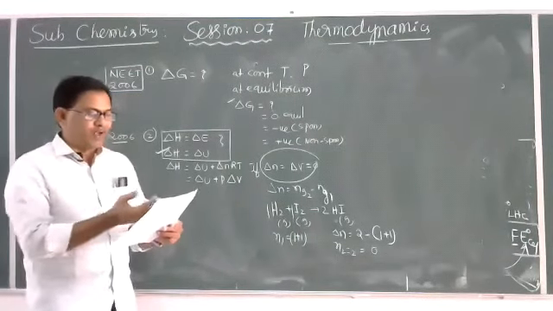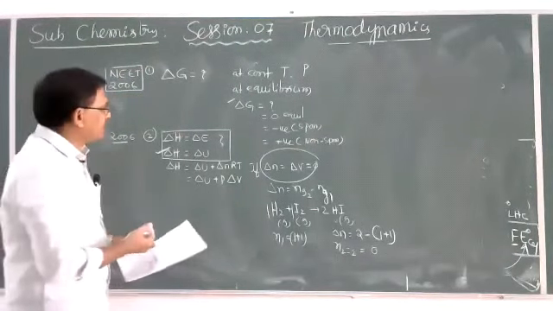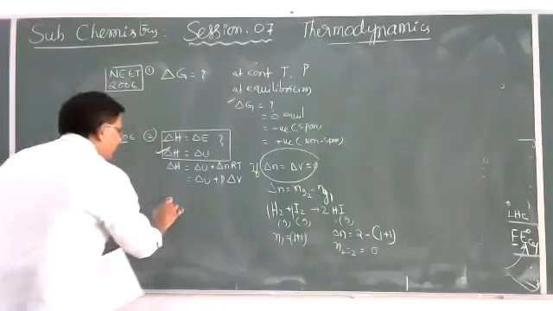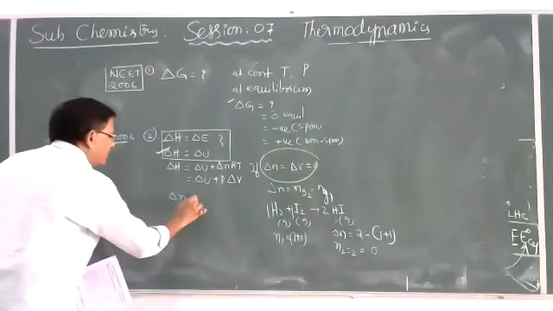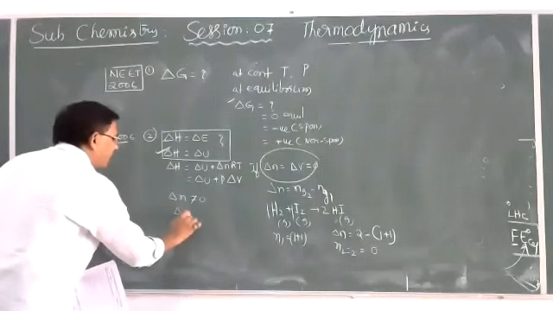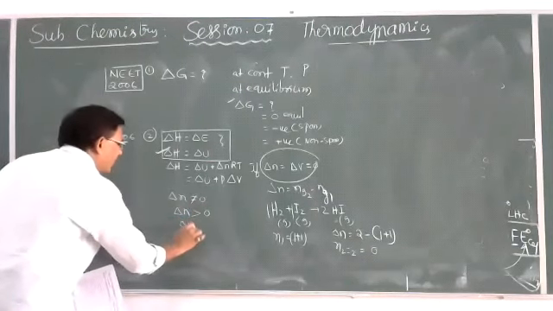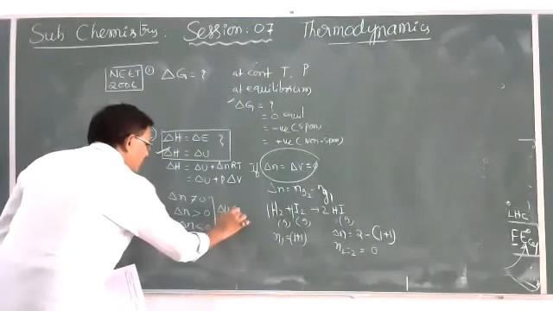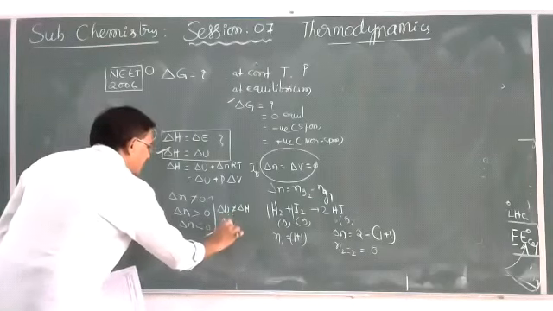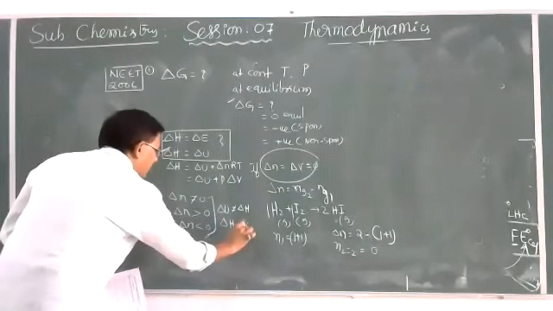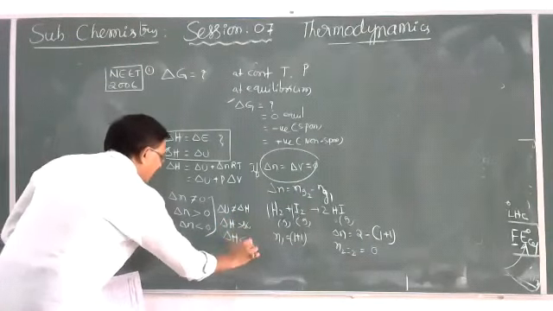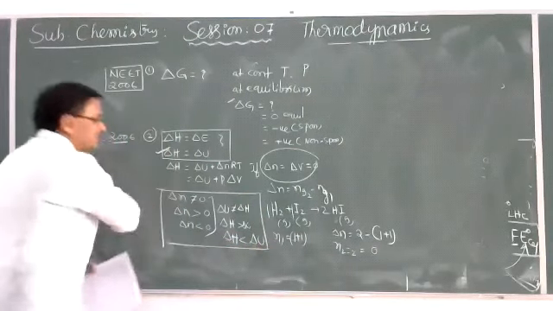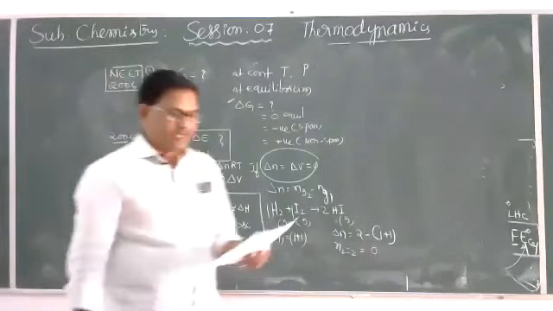In the remaining options, the first, third and fourth, delta n is not equal to 0. It may be greater than 0 or less than 0. In such cases, delta U is not equal to delta H; delta H may be greater or less than delta U. Okay, next.